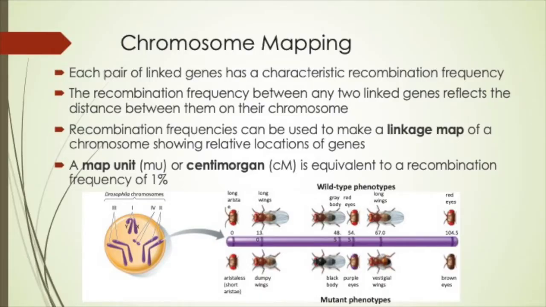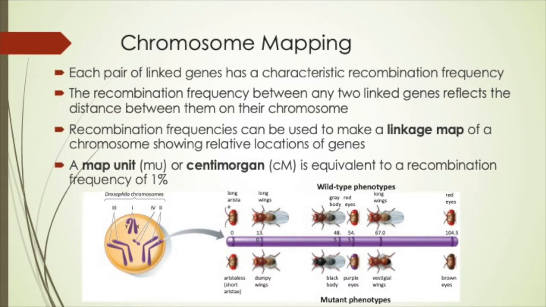So first of all, when we talk about chromosomes in general, we can talk about how genes are mapped on a chromosome. Each pair of linked genes has a characteristic recombination frequency.